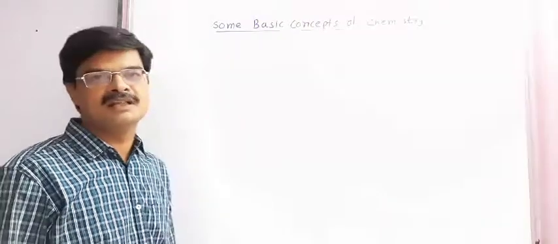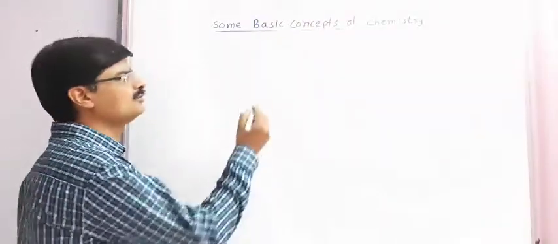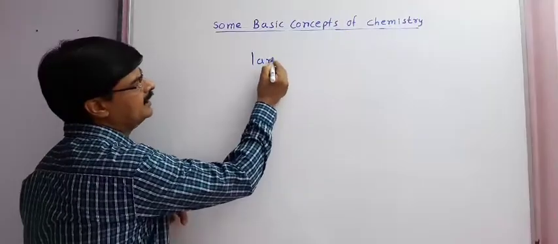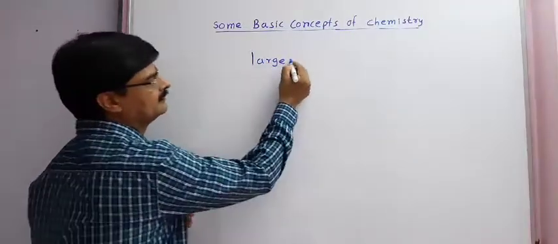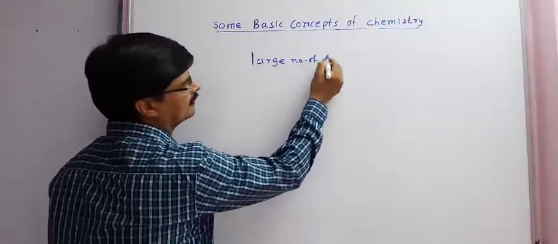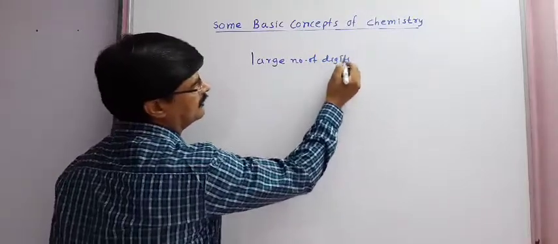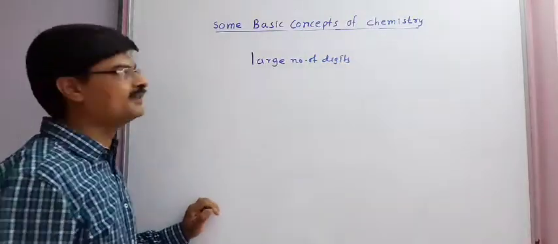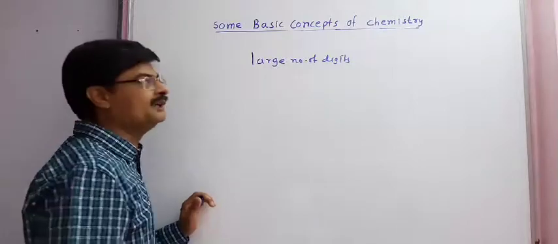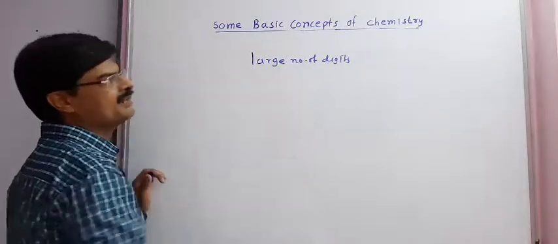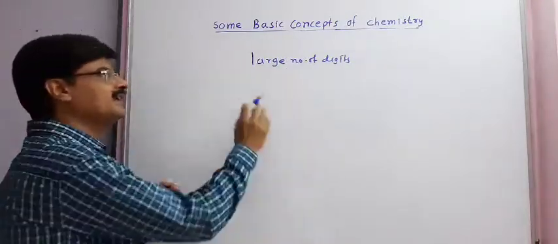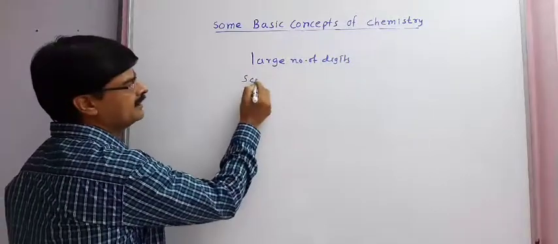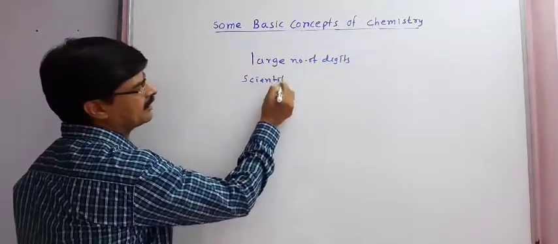Chemistry deals with atoms and molecules, and the results obtained contain a large number of digits. Say 20 digits are possible in a number, or 25, then it is not easy for a chemist to convert this, and that is why we have to study scientific notation.